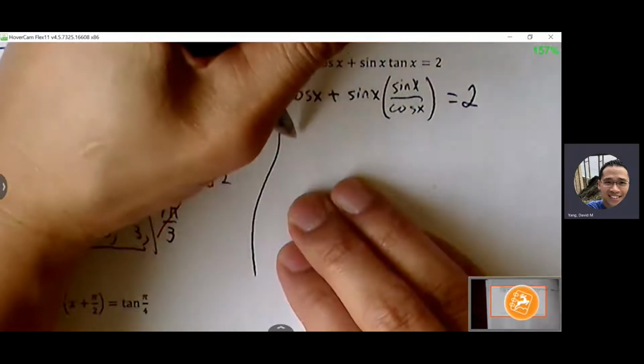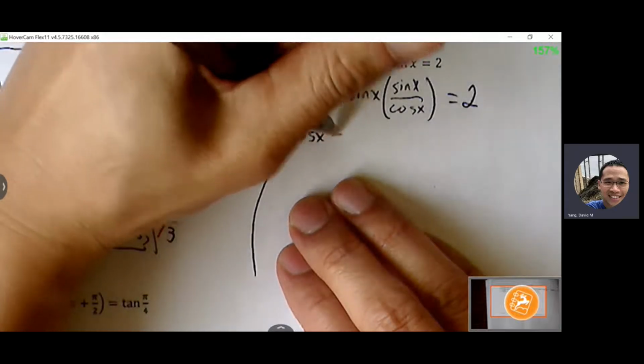So let's go the common denominator route, see if that will get us somewhere.